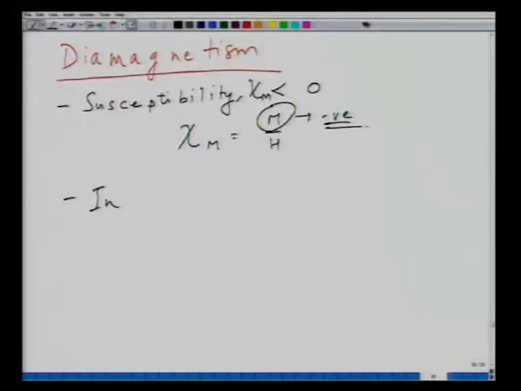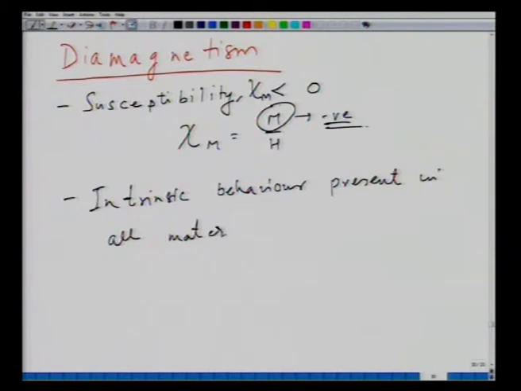So this is an inherent or intrinsic behavior present in all materials. It's just that its magnitude is different in different materials, and the explicit observation of this effect also depends upon whether the material has any other type of magnetism present in it.